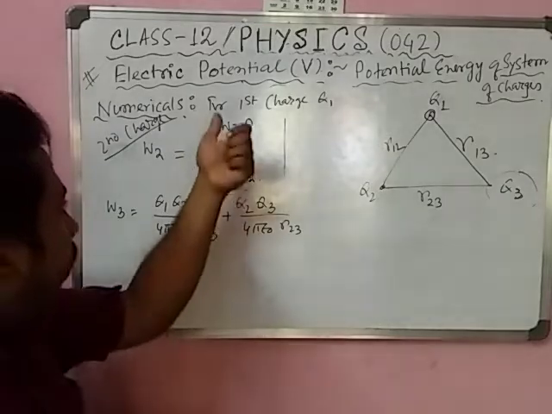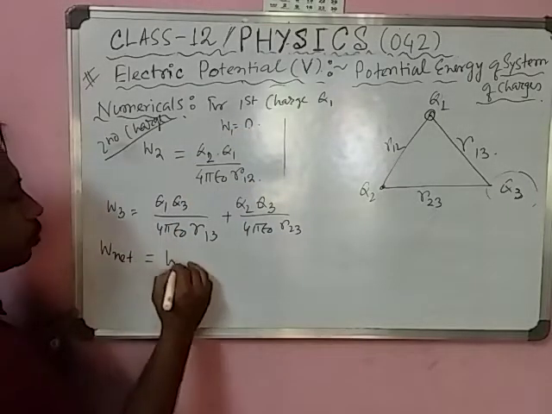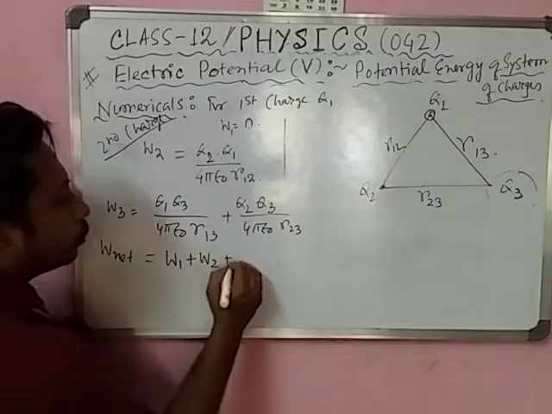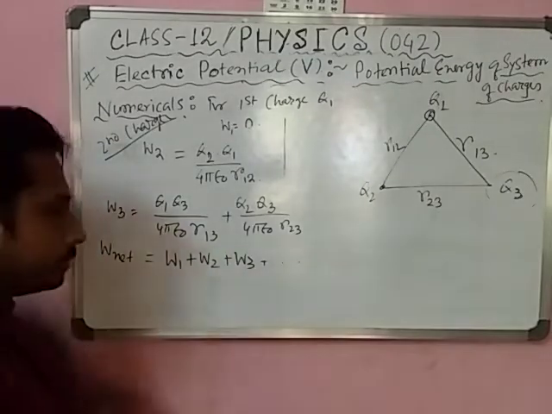You just sum all the work done, means the net work done is equal to W1 plus W2 plus W3. If any other charges are present, then you can calculate for those also.